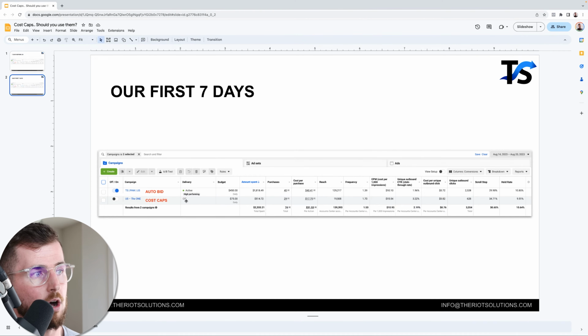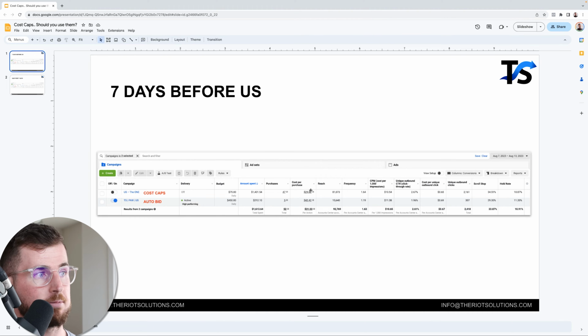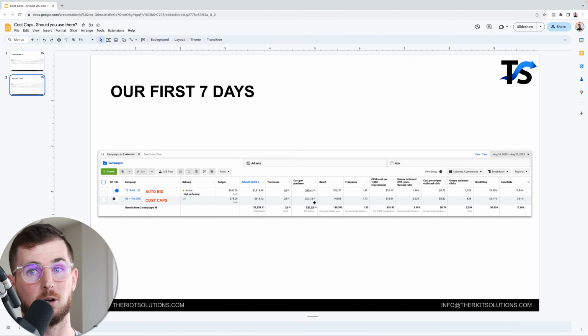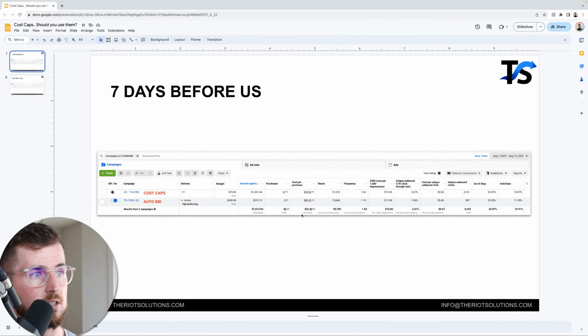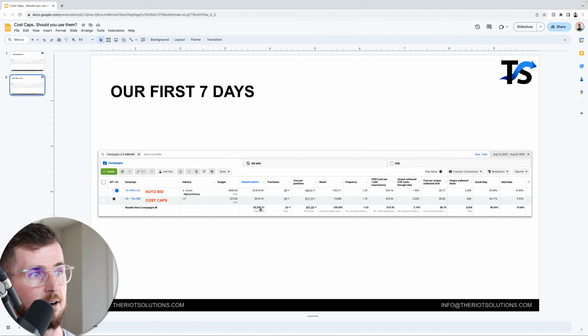But their cost caps campaign gets drastically better, like literally cut in half, $29 cost per purchase to $17 cost per purchase. But the only thing that changed was the spend. We actually make the campaign a lot lower of a daily budget, so it spends substantially less. You can see right here, $1,400 in spend, 47 purchases, now $514.